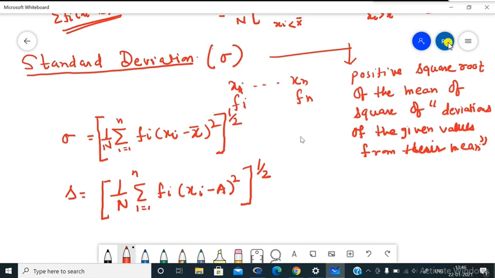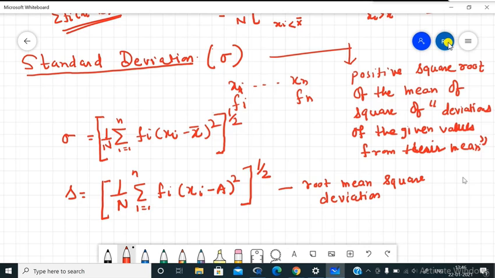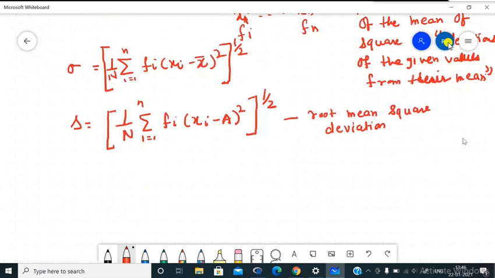Okay, so this is root mean square deviation. One thing I want to discuss, you have two types of deviation. One is root mean square deviation and the other is mean deviation about A, that is defined as 1 by n summation.